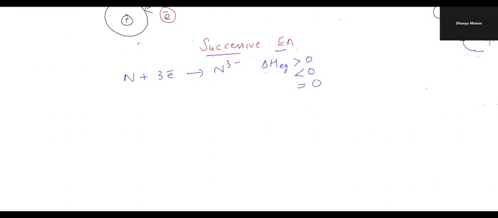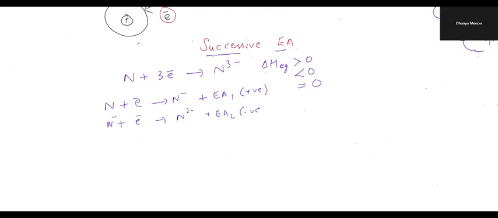In this case, you can just write down the first step. Nitrogen gains 1 electron to give you N minus, with EA1. It gains another electron to give you N2 minus. This EA1 is positive, and EA2 will be negative.